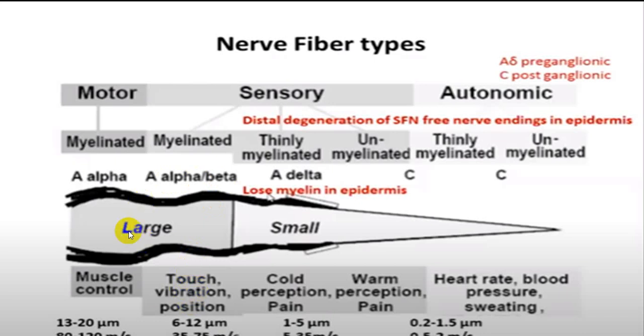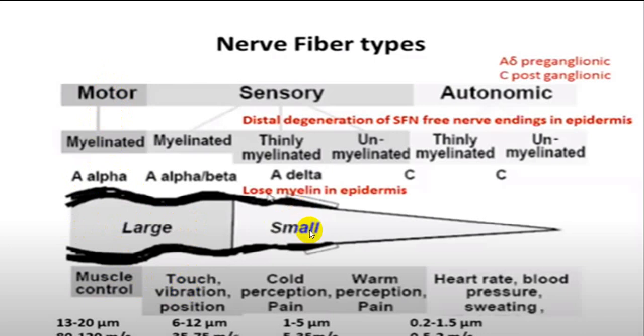So large fibers are mainly myelinated fibers: motor fibers which supply muscle, and myelinated sensory fibers which belong to the posterior column. So whenever large fibers are involved, you will have motor involvement with or without involvement of the posterior column.